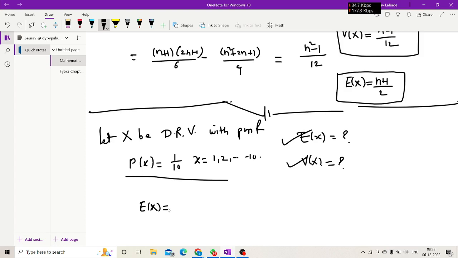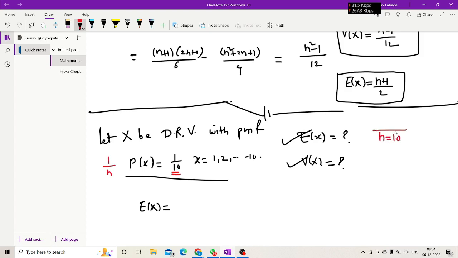First, tell me what is the formula we have seen for expectation. Right. Then just substitute the value. What is the value of n from the PMF? Tell me what will be the value of n. Yes, 10. Right, because our PMF is 1 upon n. And from this we can simply get that the value of n is 10.